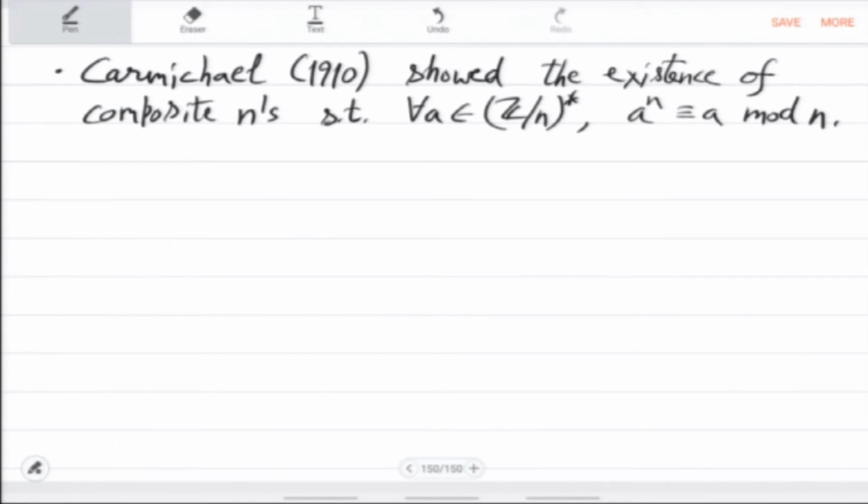Which shatters our dream of using Fermat's little theorem in primality testing, because even composite n can pass this no matter how many A's you pick.